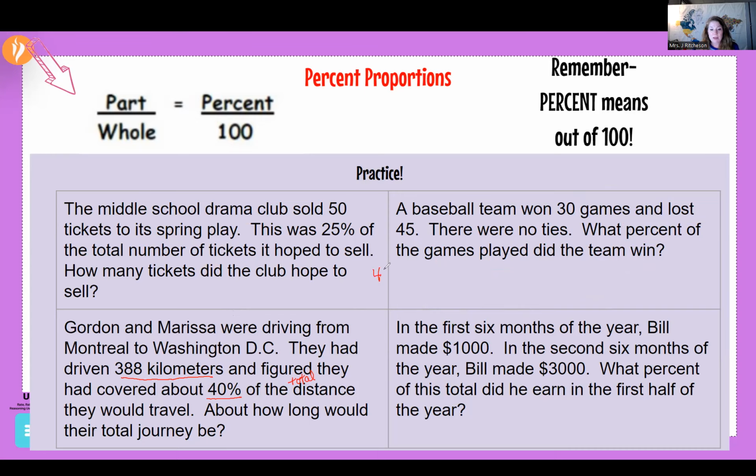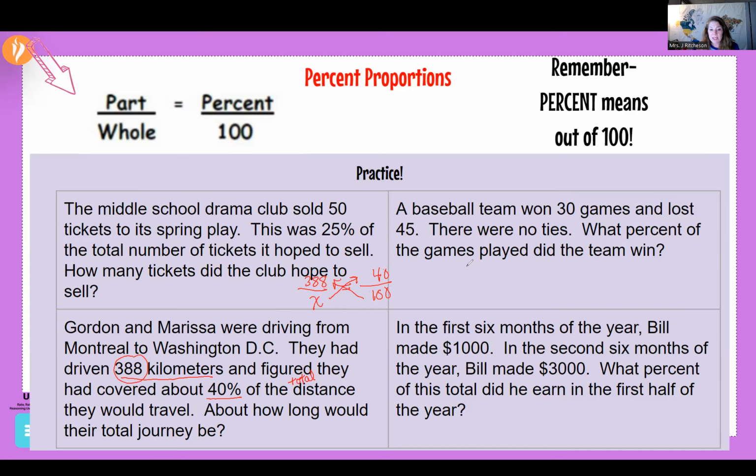Yes, we do. So we automatically know that's the number that goes over 100. So the other thing we have to figure out is 388 the total number of kilometers or part? It is the part of the trip, right? They want to figure out what the total distance is. So 388 goes over our total, which we do not know. So we use an X to hold that spot.